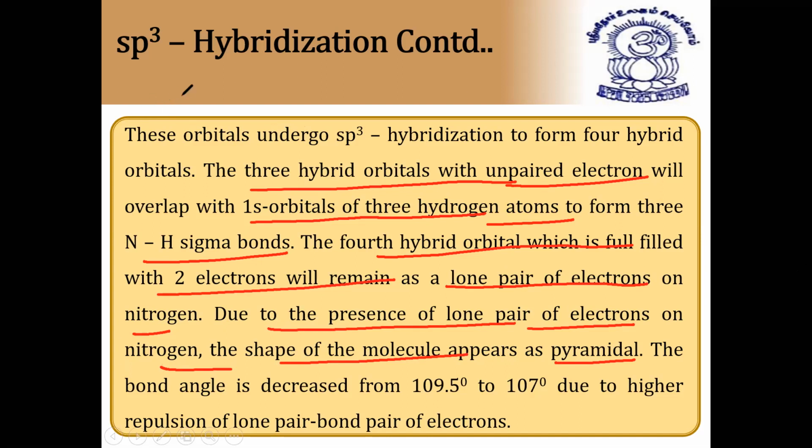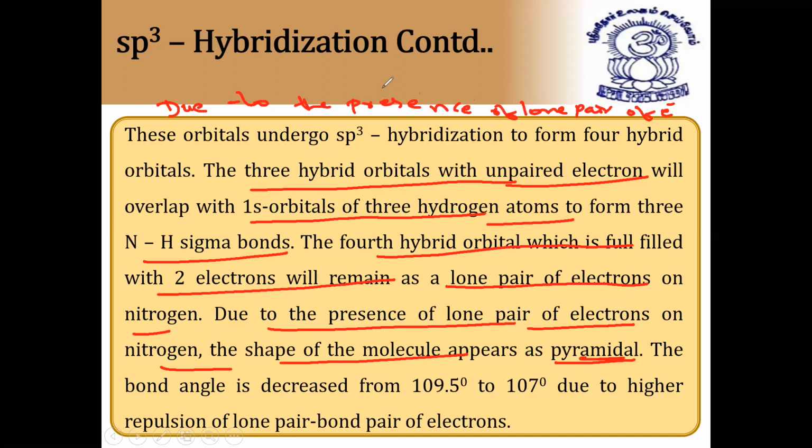Why? Because of the presence of lone pair of electrons. Please note down: due to the presence of lone pair of electrons, ammonia has a pyramidal shape.